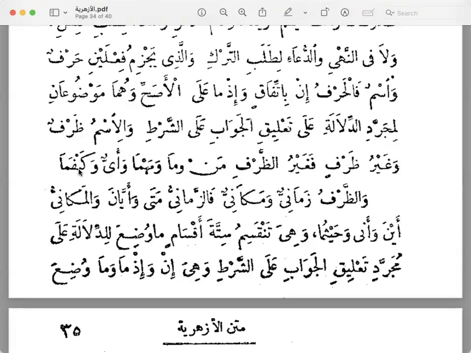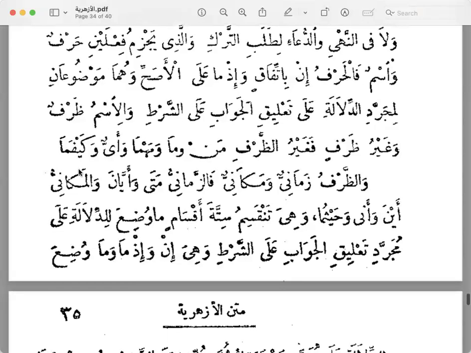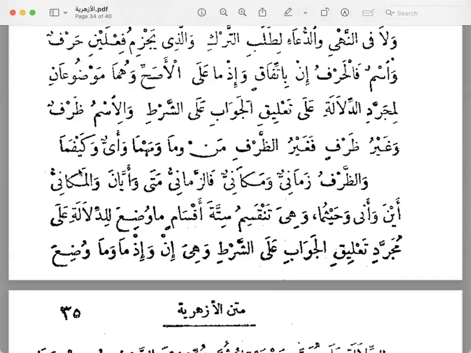Now you have a problem. So now what's the i'rab of man? Mubtada. Because it can't be the maf'ul bihi because there's already a maf'ul bihi. Okay? So man and ma and mahma can only be maf'ul bihi if they have the meaning of the maf'ul bihi, plus there's no dhamir already. Right? Ayyan is the same, but it's going to be easier because you're going to see the change of the word anyway. Kayfama is a bit awkward.